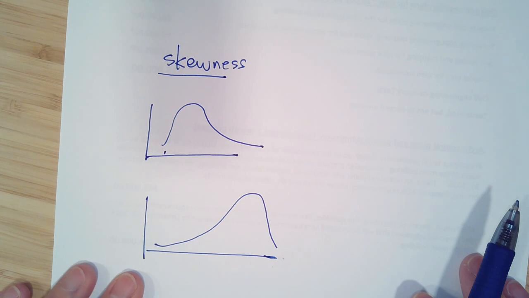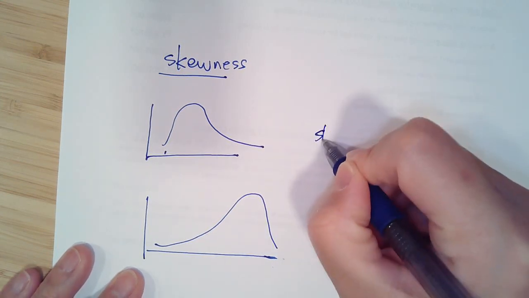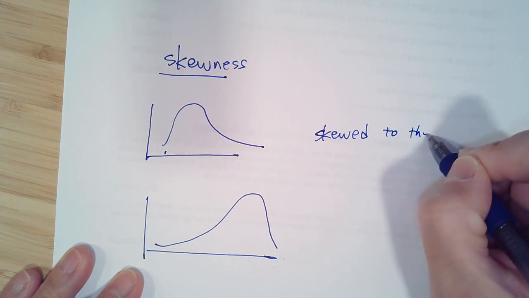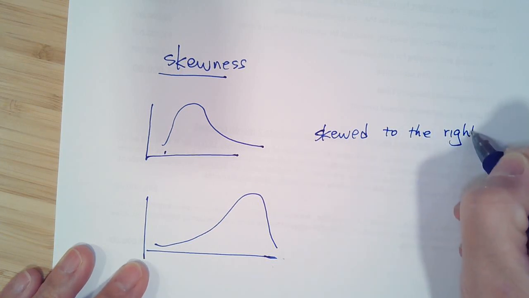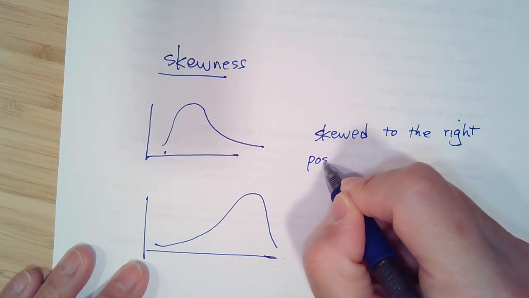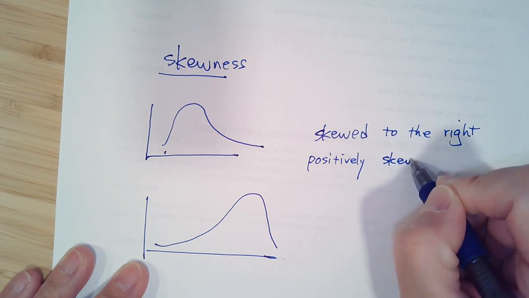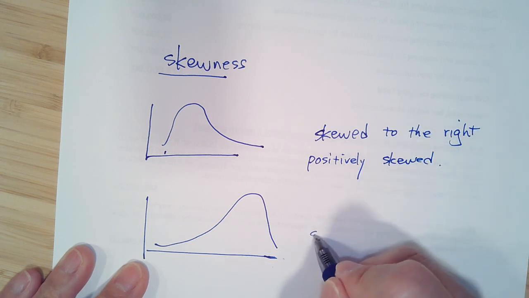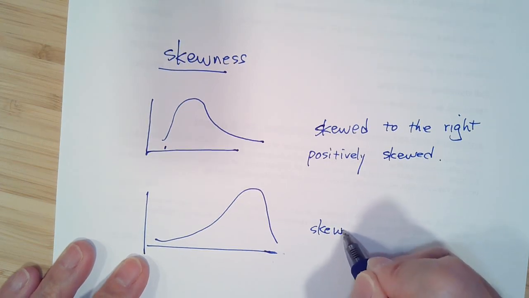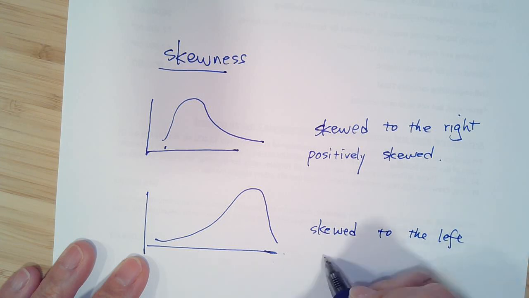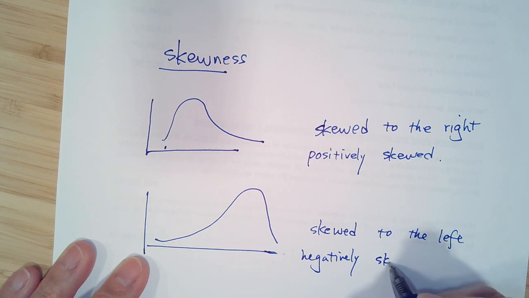So we call this skewed. When we describe it, we call this skewed to the right, or positively skewed. This one we say the data is skewed to the left, or negatively skewed. It is so hard to remember.